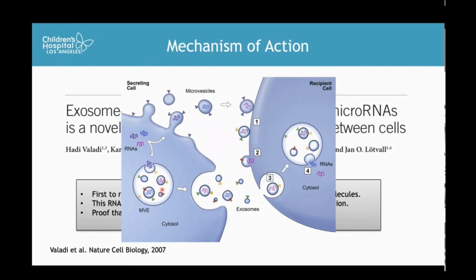So the vesicles are released by secreting cells, taken up by recipient cells, where they deliver their message, and the message is actually functional. So mRNA can be translated into a functional protein, or a microRNA, for example, can target its downstream predicted targets.